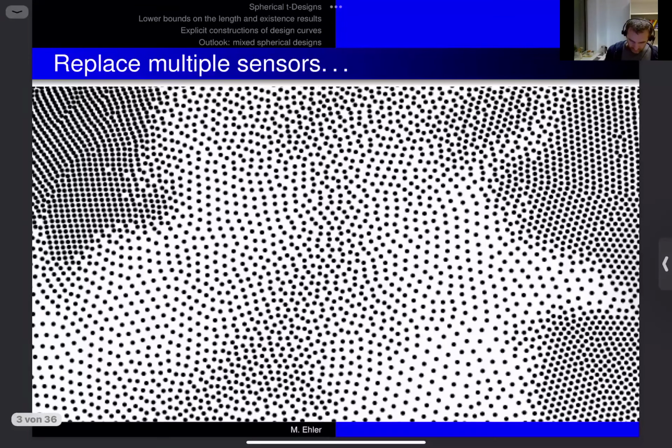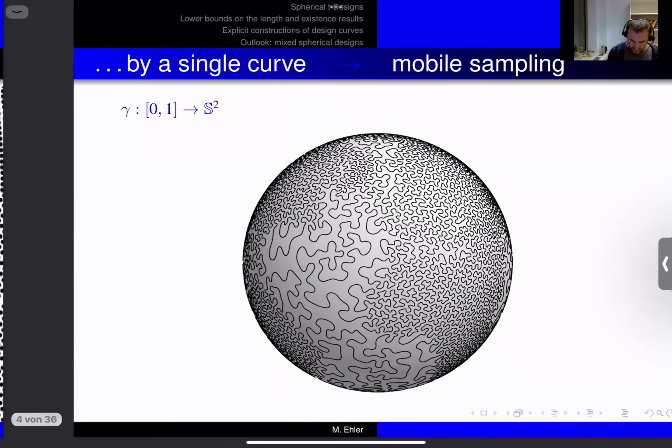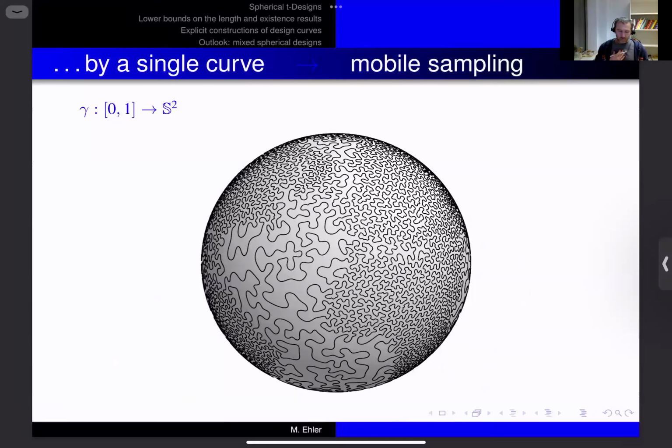And more recently, there's the idea that, of course, you can also use a mobile sensor. And then we are in the regime of what's called mobile sampling.